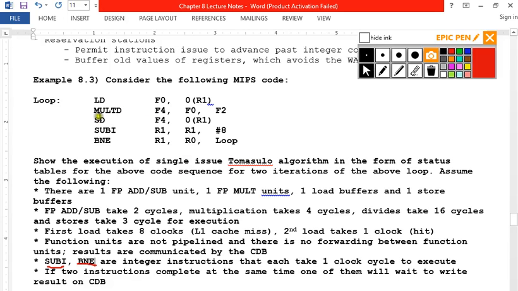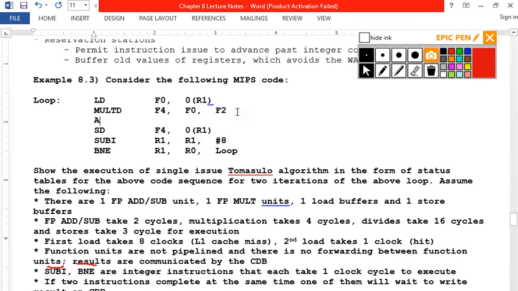So if I had an add D, meaning that would be a floating point addition, right? That would be different from, give me an example here, add D with F6, F0, and F1, and then add I. Here's how that corresponds in the problem.